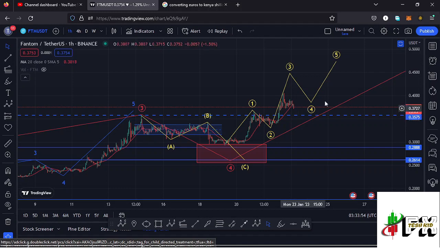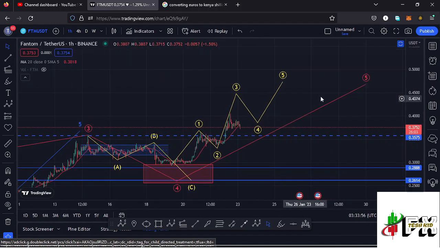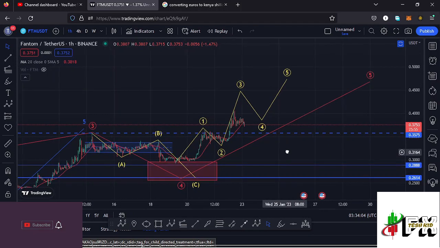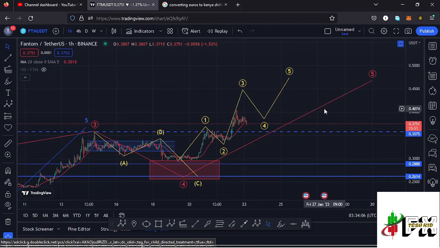So for us to fully maximize that target area to the upside in the formation of that wave 5, we need to continue holding above this dotted line at around the $0.3575 mark. And once that happens, then we can fully maximize my target areas to the upside in the formation of that wave 5, and also complete a higher Elliott wave count 1 to the upside. So that is what I'm expecting on the short-term scenarios here on the Fantom chart.